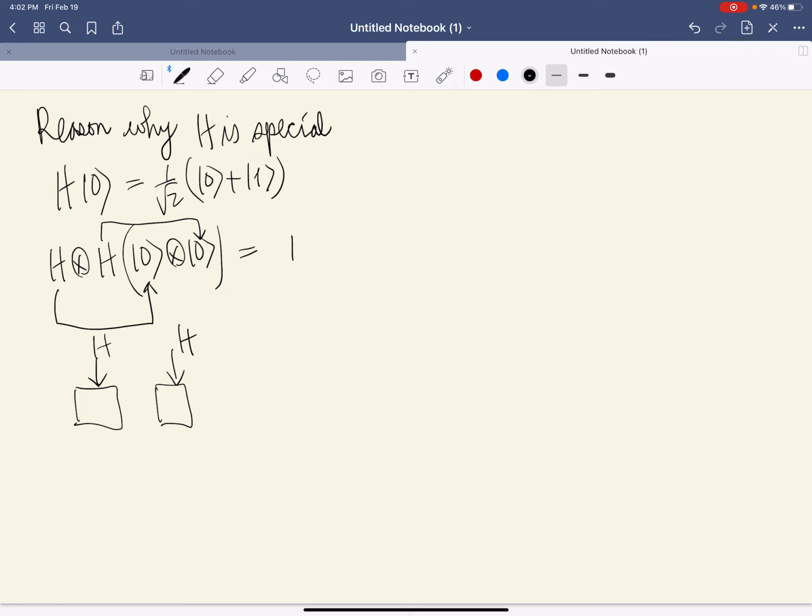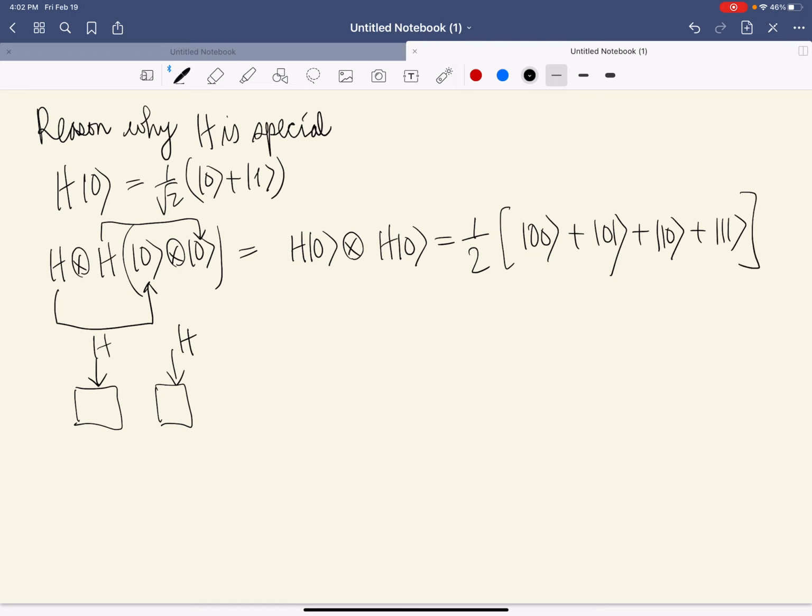And the end result is the rotated state product, which when you write it out will be the sum of the 0, 0 state and 0, 1 state, 1, 0 state, and 1, 1 state. Okay, but notice that this is the sum over all the possible states of the 2-qubit cluster.